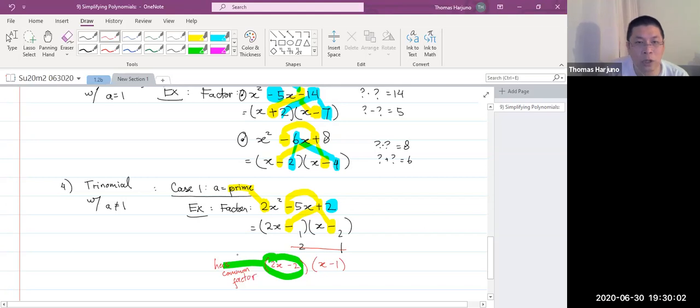Which is not the case in your original problem. In your original problem, you don't have common factor. That's why without computing, I can tell right away this is the wrong answer.